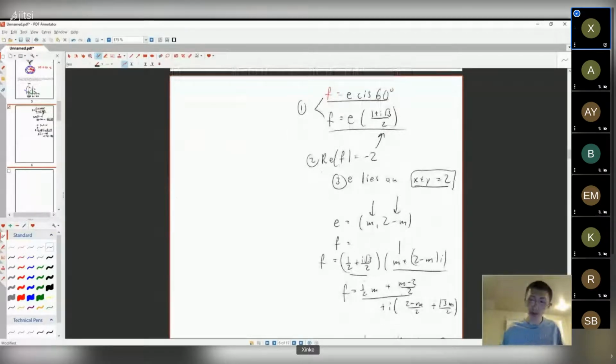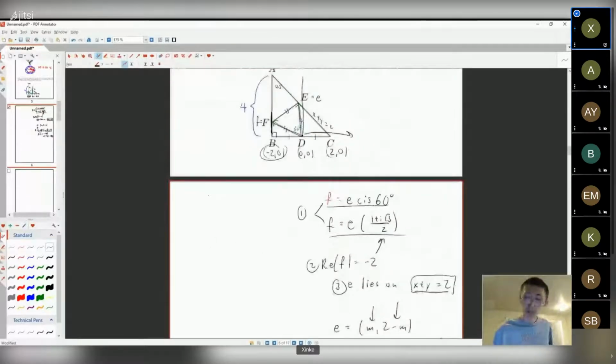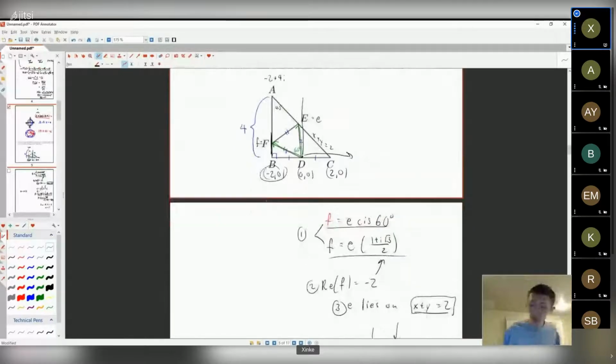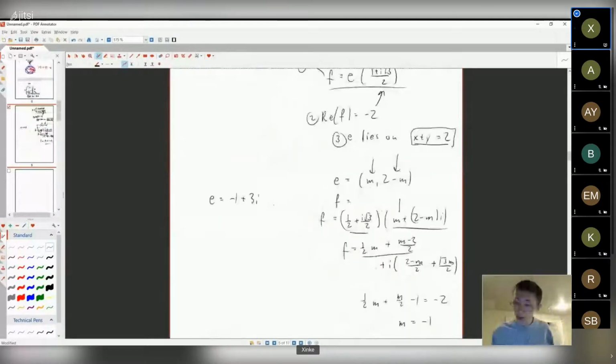So E is negative 1 plus 3i. Something about this doesn't seem right. Yeah, you have to multiply that by root 3 over 2. Oh yeah, did I mess something up?